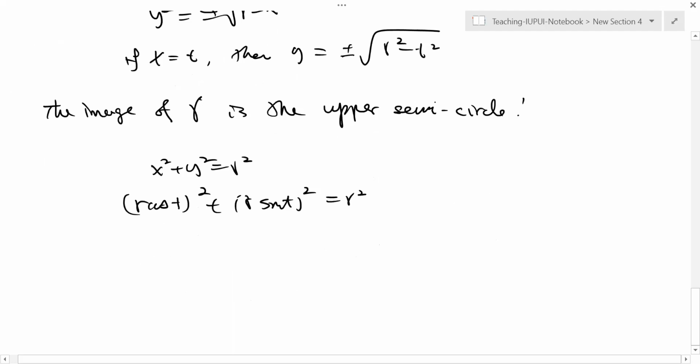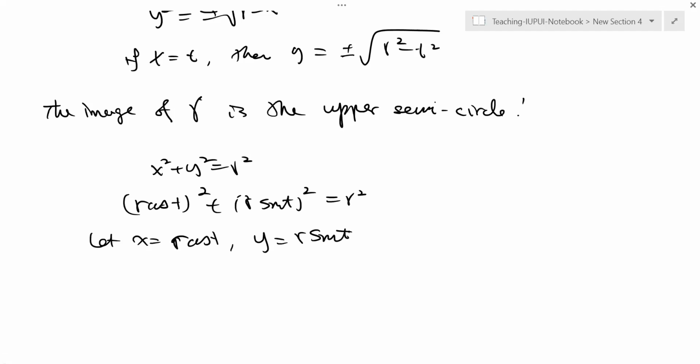So it's natural to write x to be r cosine t, y to be r sine t, okay? Then x squared plus y squared is going to be r squared. So we can construct another one.